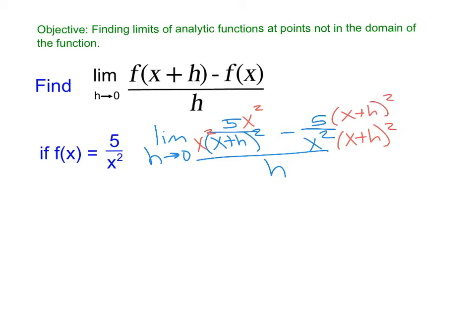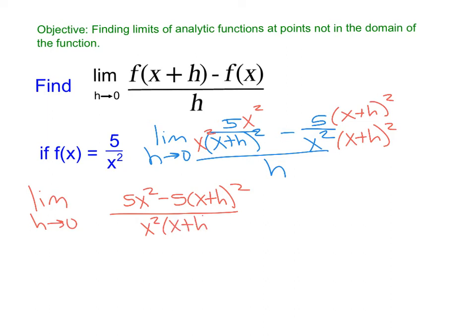So we get the limit, h approaches 0, of 5x squared minus 5 times x plus h squared all over x squared times x plus h squared, and then all that is all over h.